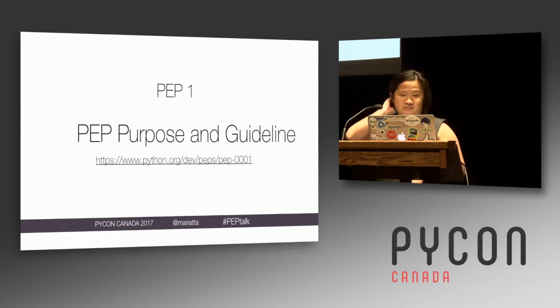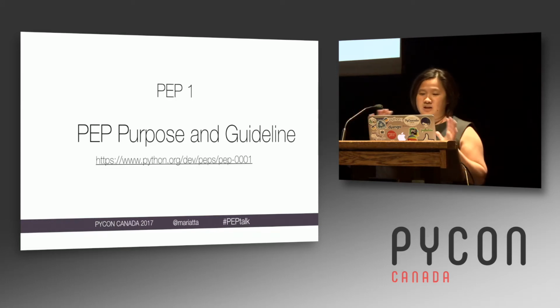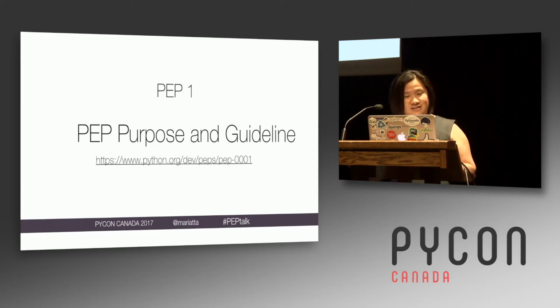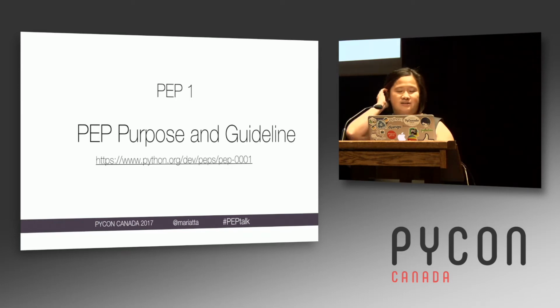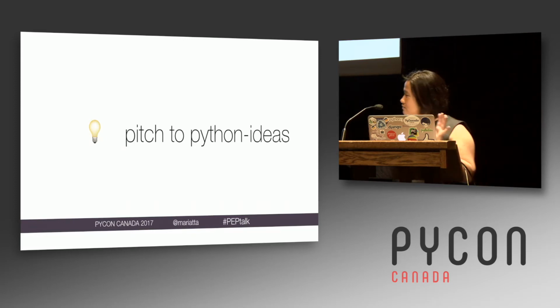And there is a PEP that describes what a PEP is, a meta PEP. So PEP 1 tells you the purpose and guideline of how you get started, what the workflow is, how it will get reviewed, and what belongs in a successful PEP. So definitely worth reading.